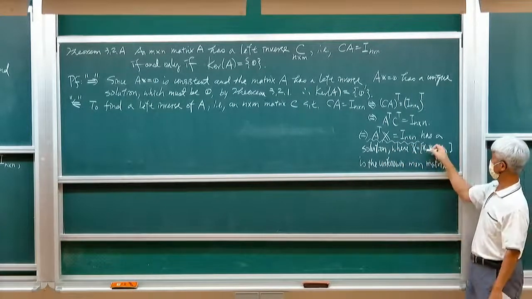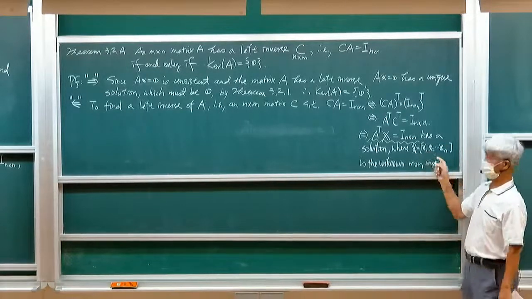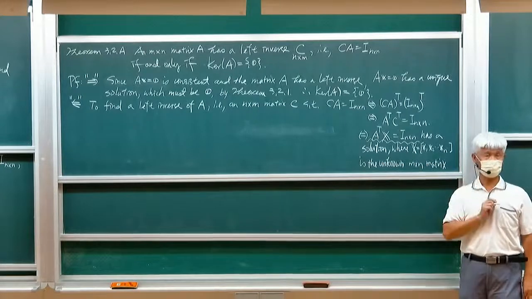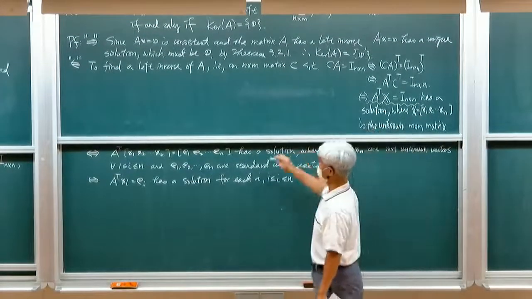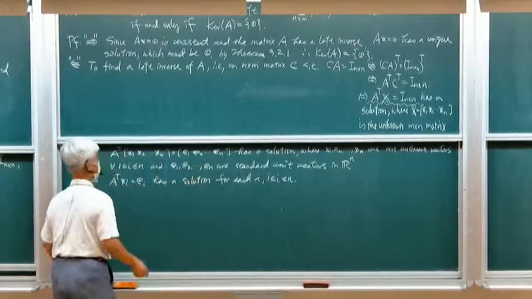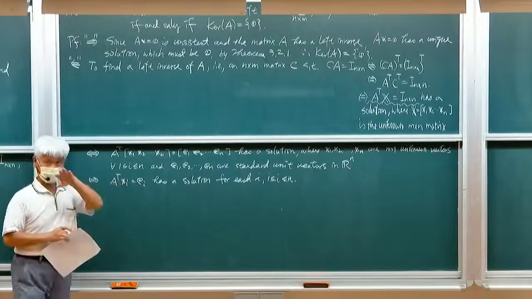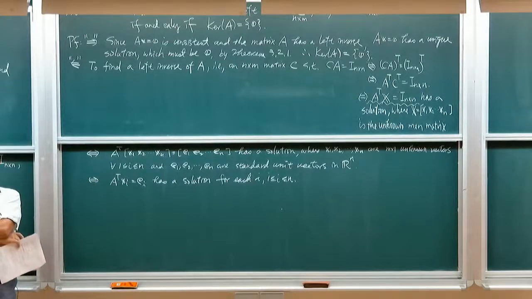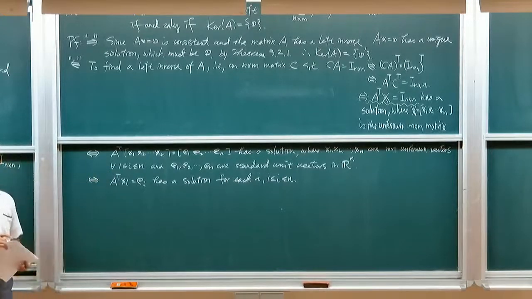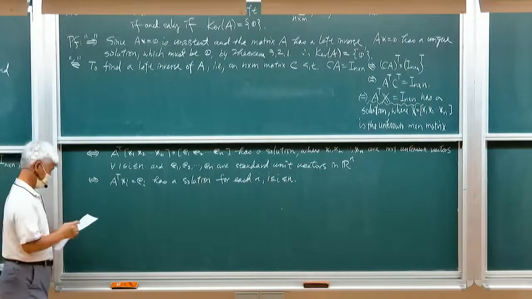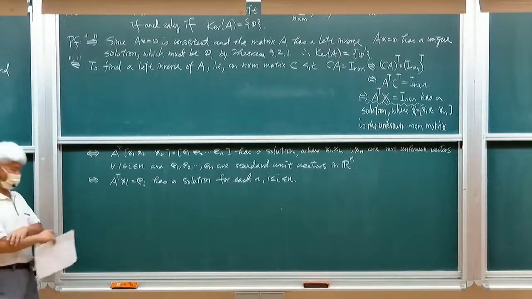So it has n columns, and each column is an m-dimensional unknown vector. So we have n linear systems, and they share the same coefficient matrix A transpose. Questions? No questions. Good.